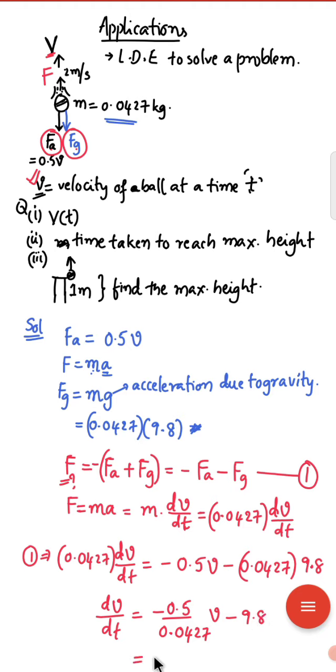So this would become minus 11.7096 v minus 9.8. Okay, this is the equation. See this, v dash is given, v dash is equals to minus 11.7096 v minus 9.8, right?